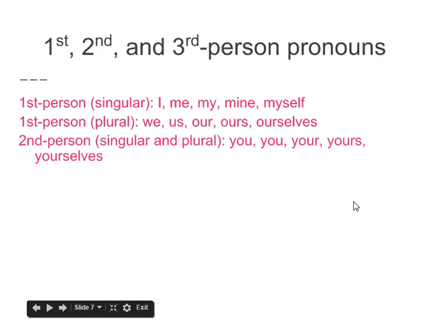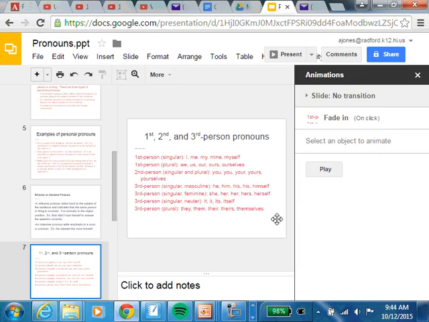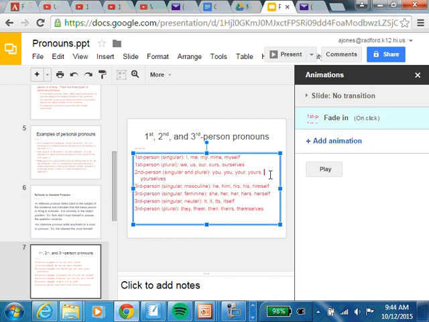Second person singular and plural, because in English they are the same. You, your, yours, yourselves. And there is a word that I'm missing in here. In fact, I'm going to step back to my computer. This is a little mistake on my part, and I'm going to type in yourself, right? Because when we're only addressing one person, we're talking about yourself.